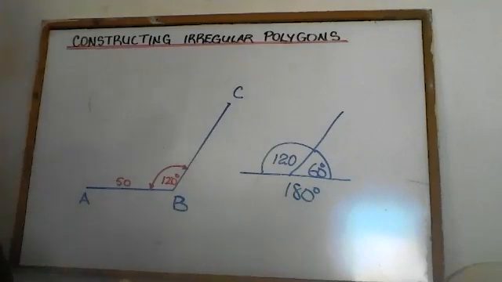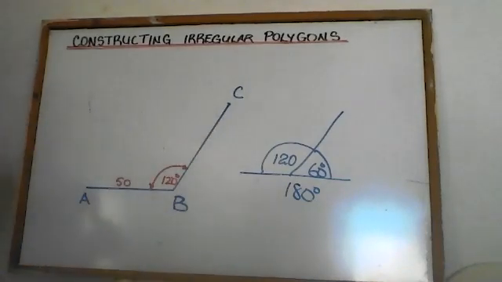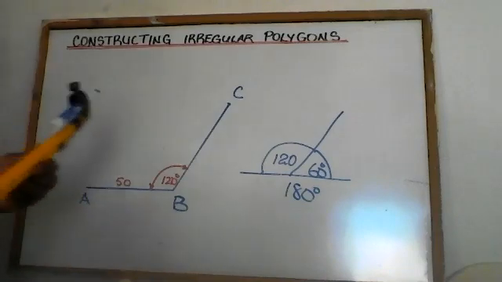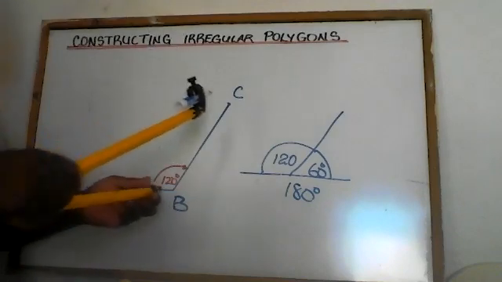We need to get the other two sides. We are told that CB is equal to 70, and we also see that DC is also equal to 70. Since we have BC equal to 70, we can transfer this measurement to get CD. You could use your divider.